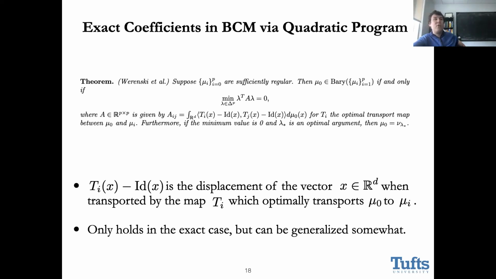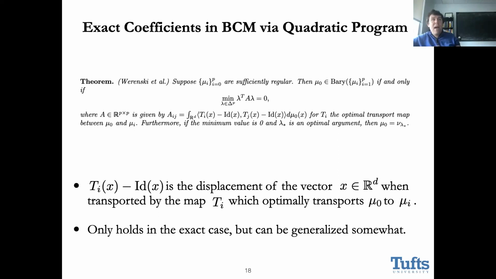I'm going to define the matrix A to be the P by P Gram matrix associated to my measures, in the sense that I compute the optimal transport map T_i between mu naught and each mu i, and look at the inner products of the associated displacement maps. I take these optimal transport maps, subtract off the identity, which is how much you're being displaced by each map, and then take the inner product between those displacement maps and integrate with respect to mu naught. That gives me the entries of the matrix A.